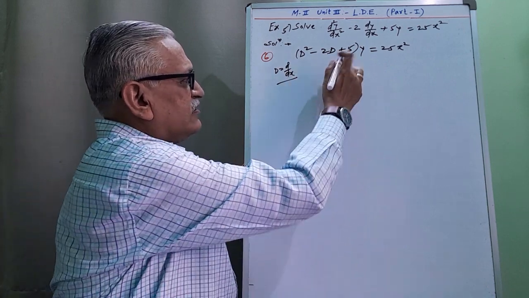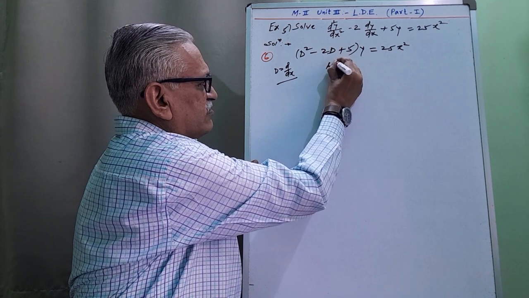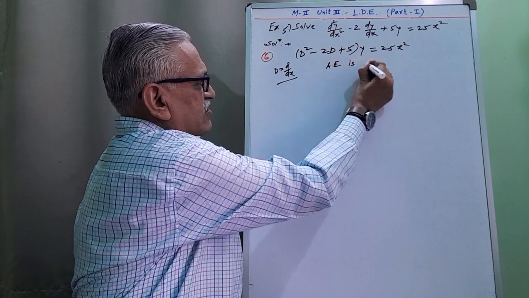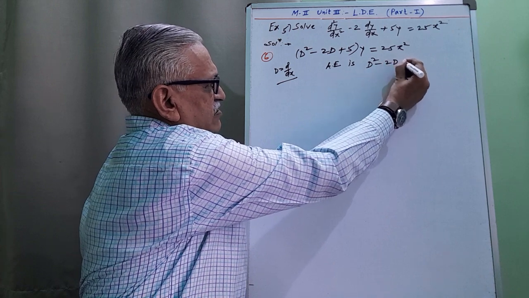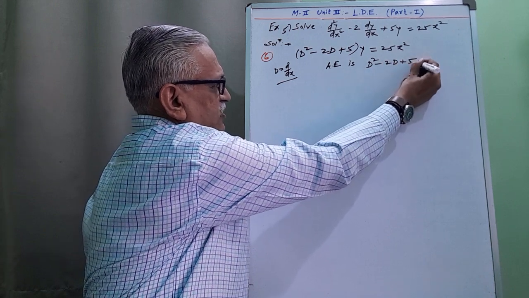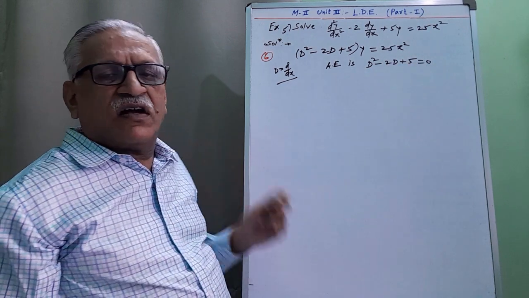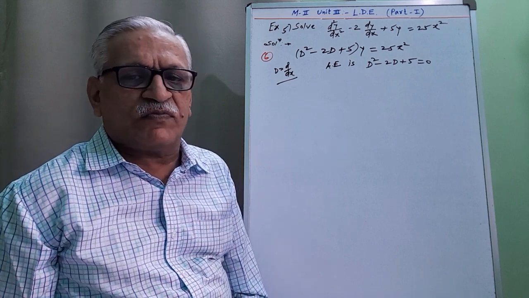Then the auxiliary equation is D square minus 2D plus 5 equal to 0. Here real factors are not possible.